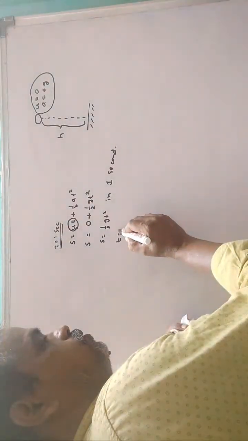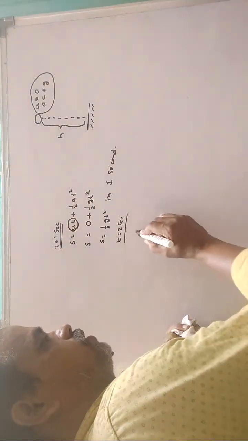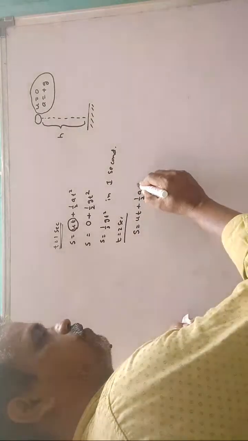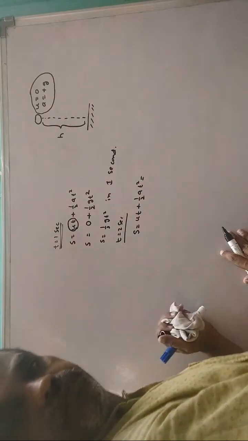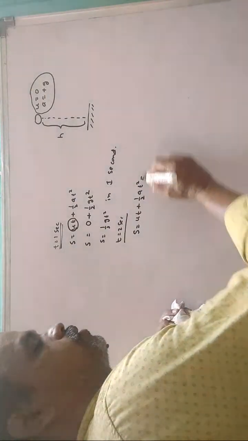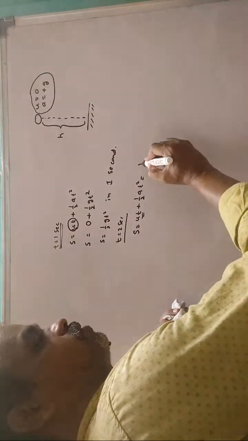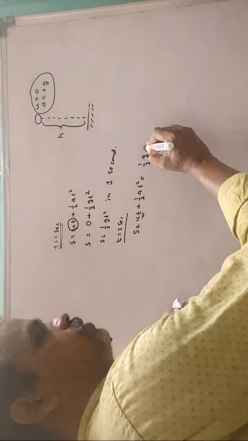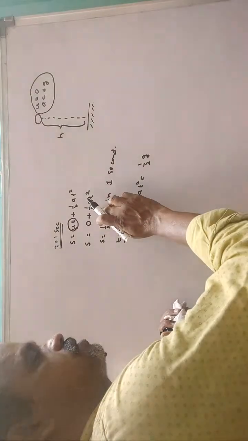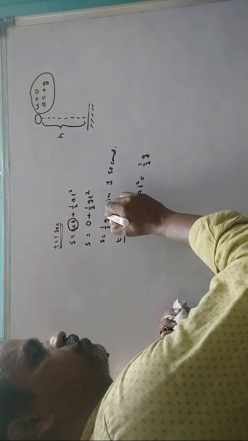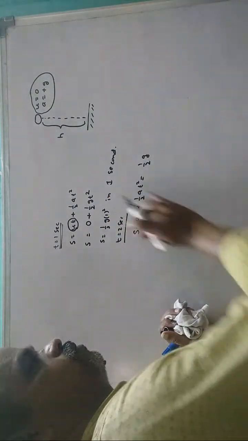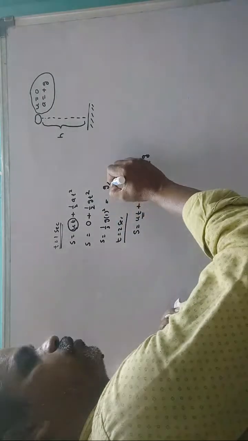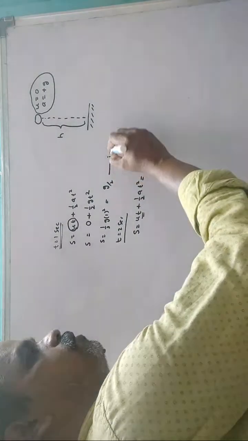Next, t equal to 2 seconds. S equal to ut plus half at square. U equal to 0, this term goes to 0, half a equal to plus g, t square. In 1 second, just substitute t equal to 1 here, and we get g by 2 only, which is for 1 second.